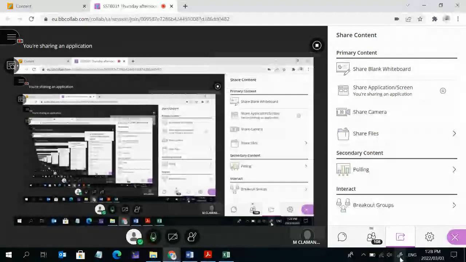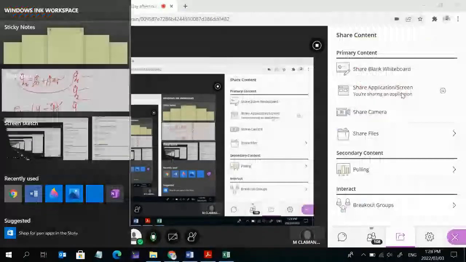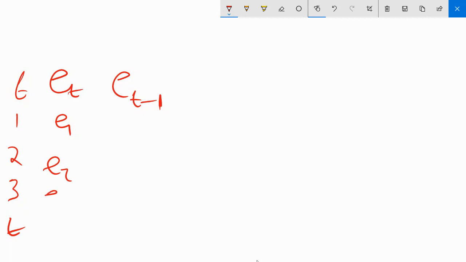Let me go back to the whiteboard and explain that part. If we have a column of errors, this is et, and t is 1, 2, 3, 4. The second column is et minus 1, so here we're going to have E1, E2, E3, E4.